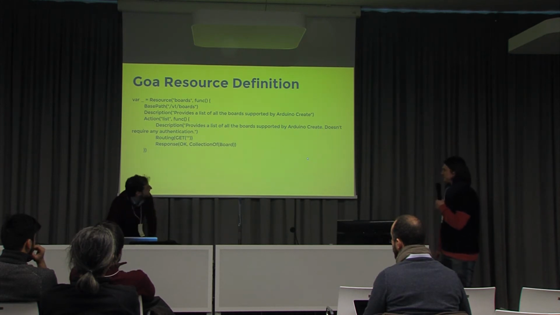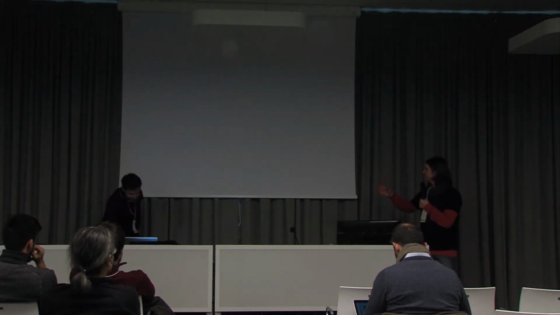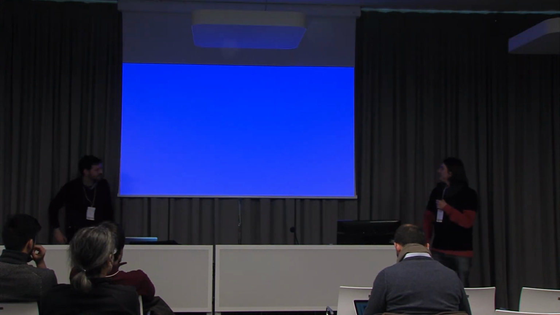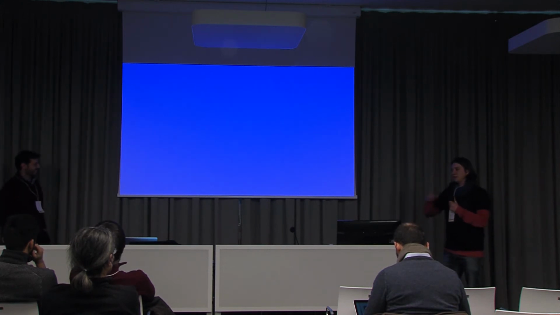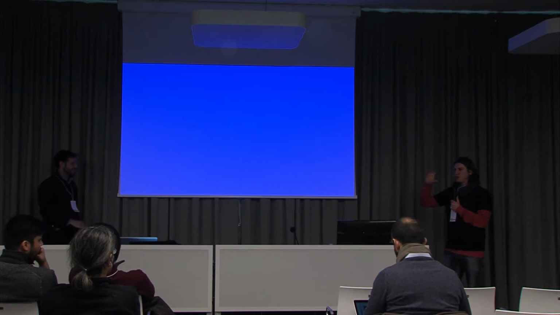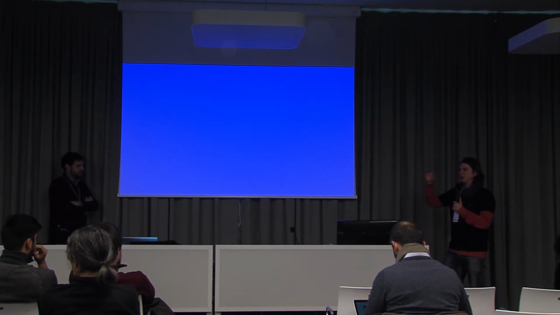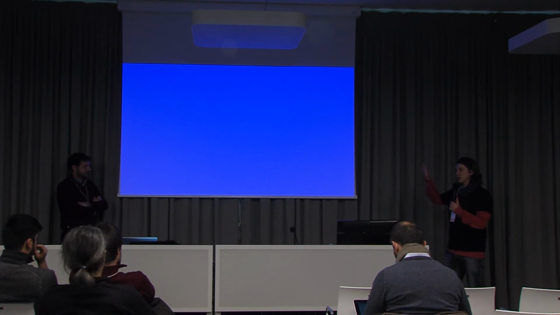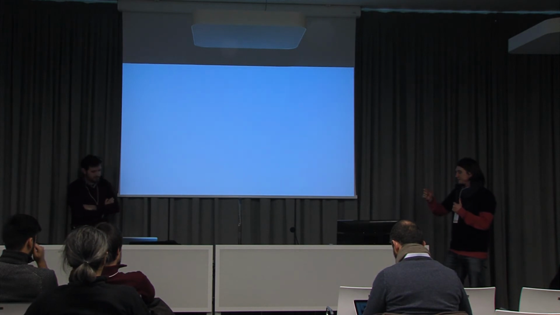Okay. So basically, we define a response method. It's blue. This is the response method. That will describe which fields are contained in that resource, and this will translate to a struct in Go that will contain these fields.